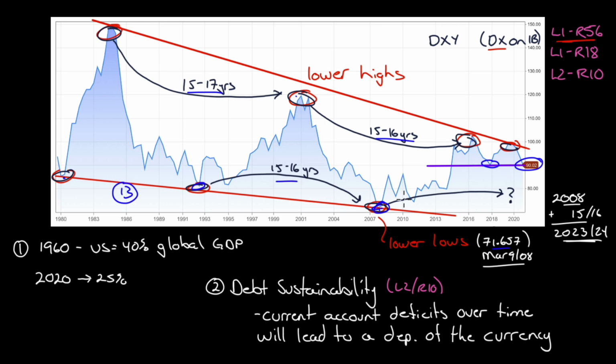Not only that, it would be consistent with the long-term trend of purchasing power parity, of relative purchasing power parity. And what we can do for this is, let's find the middle of this trend, which looks like it could be about there. And we'll draw a dotted line straight down the middle here, because this is our attractor point. This is what the theorists would say is the long-term trend for purchasing power parity.